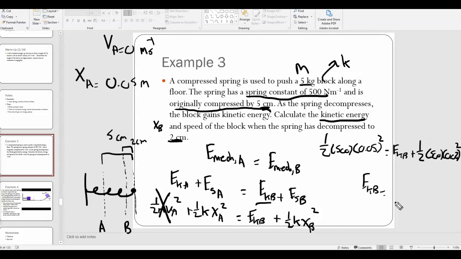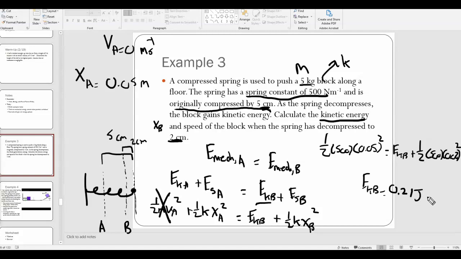Okay, so I've got 0.5 times 500 times 0.05 squared. And then I'm going to subtract 0.5 times 500 times 0.02 squared. And that gives me EKB is equal to 0.21 joules.